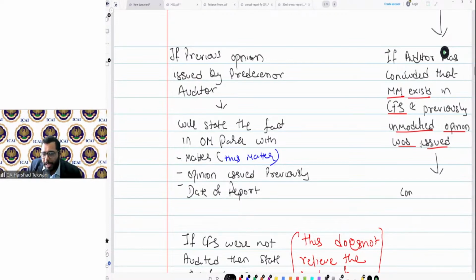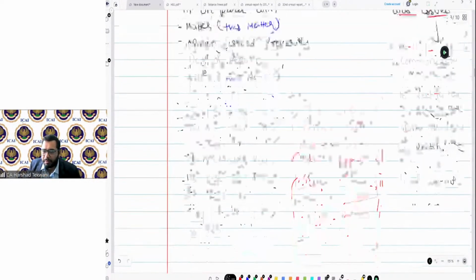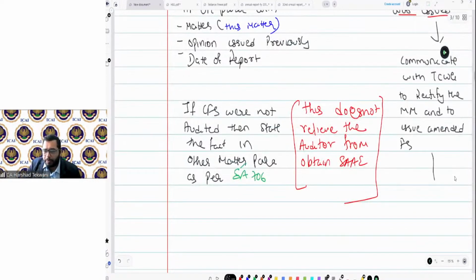First, communicate with those charged with governance to rectify the material misstatement and to issue amended FS, then inform predecessor auditor to amend the report.